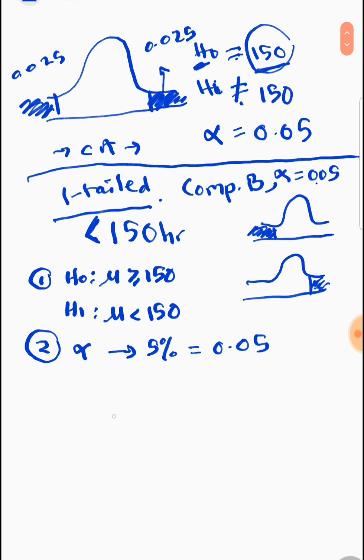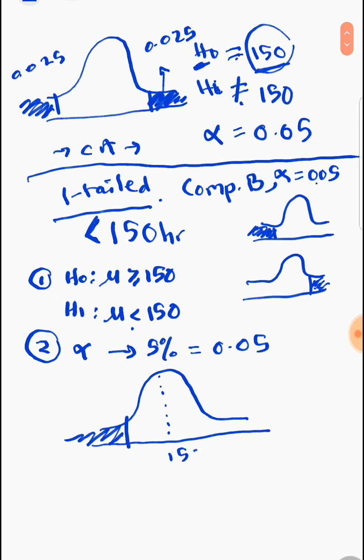If I am going to draw out my normal distribution, I know that this is less than. It's going to be a one-tail test. Now this is my cutoff region. I still have my 150 here.